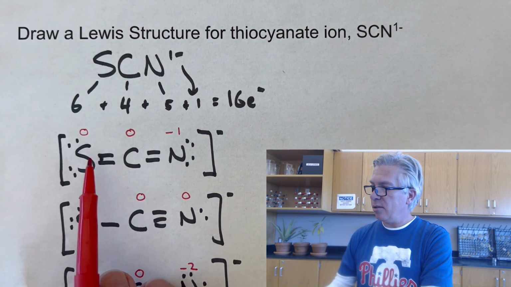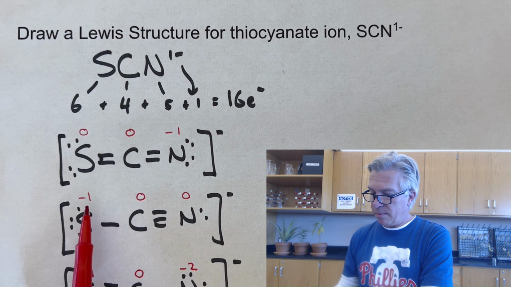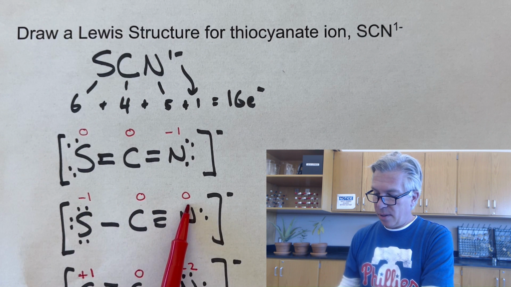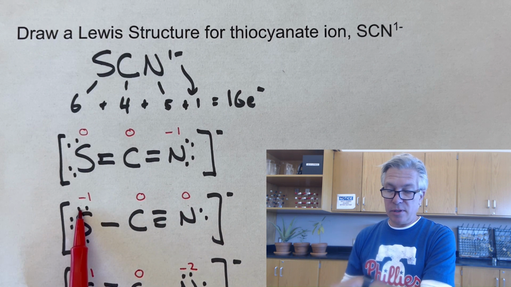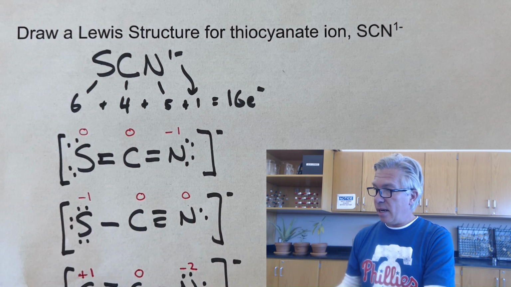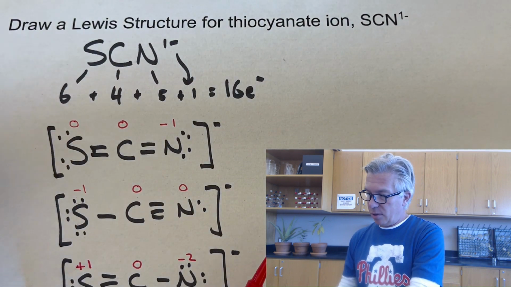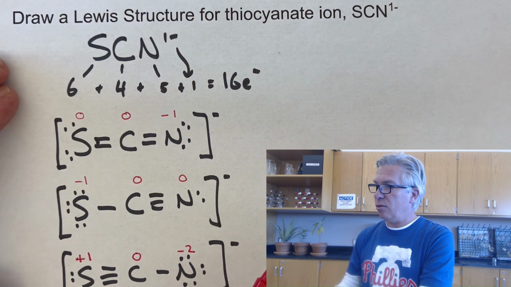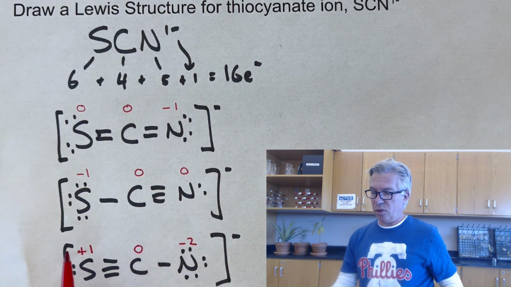We already did the 0, 0, -1 version. This one is -1, 0, and 0. The negative charge just gets swapped over to the sulfur because it has more electrons. And in the final one, we have +1, 0, and -2 as our formal charges.